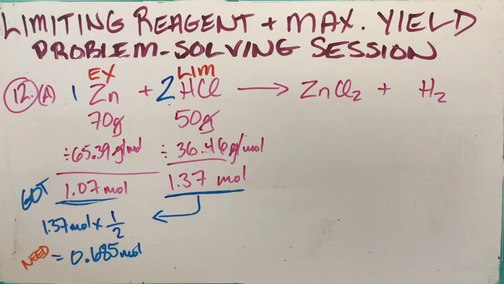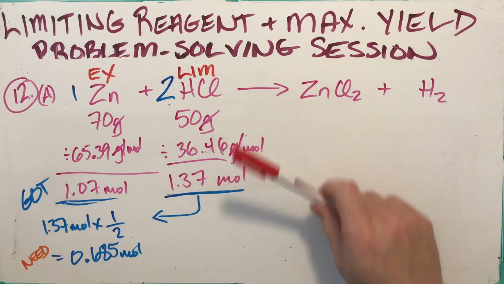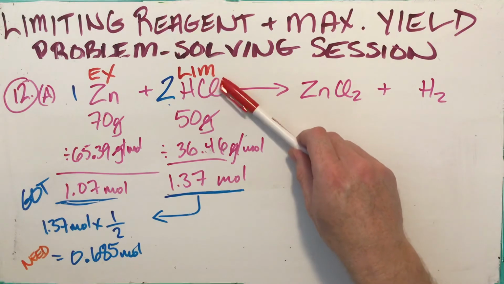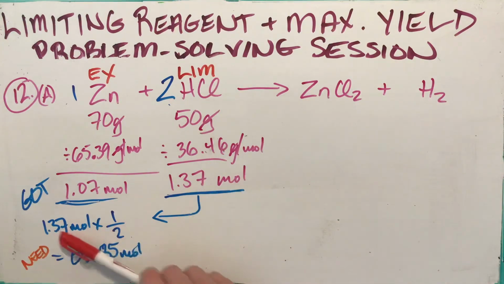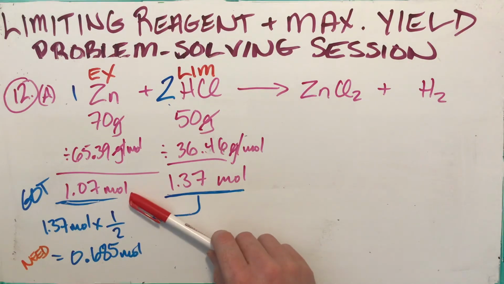All right? So let's take a look. I figured out earlier that this is the one I'm going to use up entirely. I'm going to run out of this. When I use up all of this, all 1.37 moles, I'll need 0.685 moles of zinc. I got 1.07 moles of zinc.